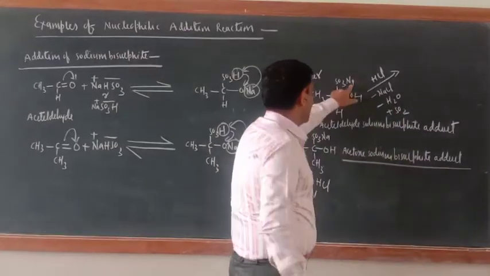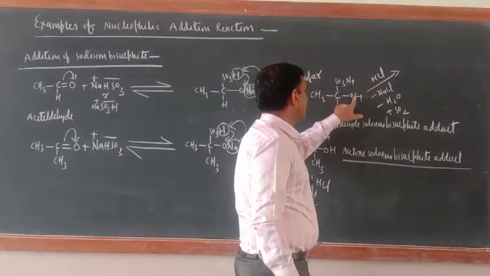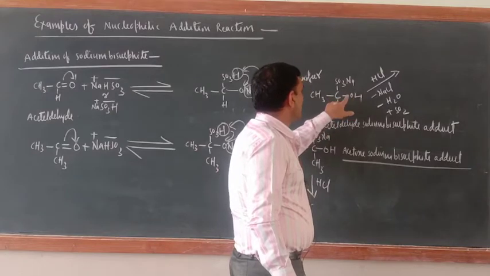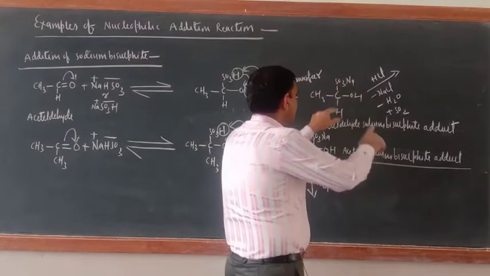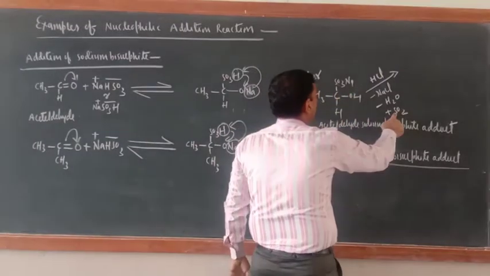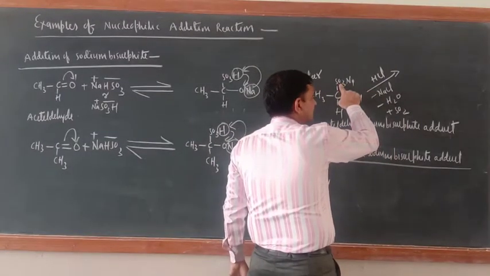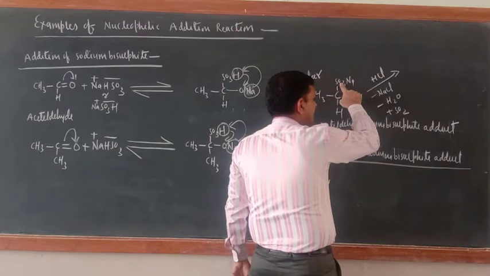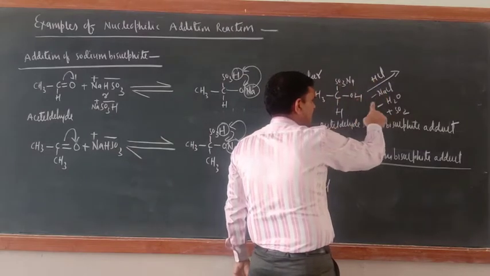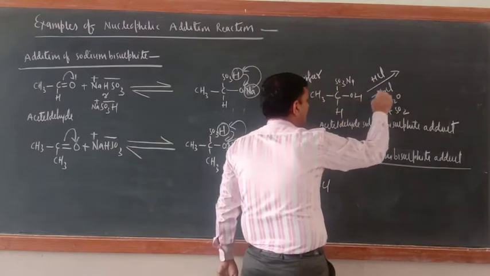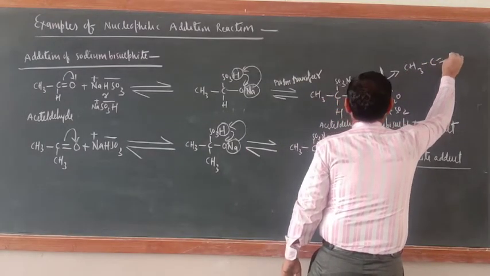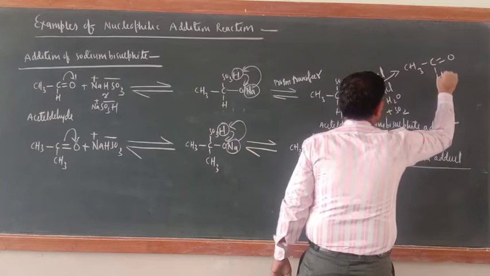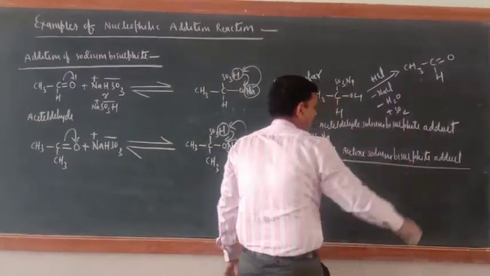NaCl and SO2 will come out here. One oxygen is left here, with H, H, minus H2O. What is left here? The left part is CH3C double bond O and H. Acetaldehyde, you have got back or not?